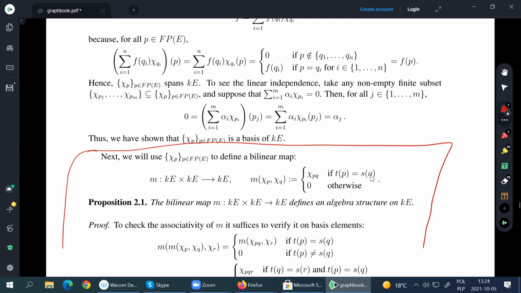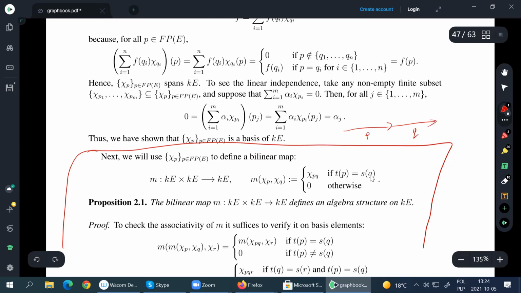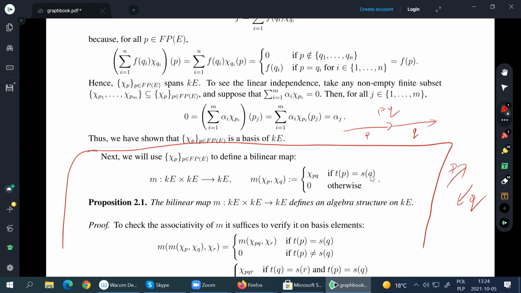If I have my path p, which ends at the same place where the path q begins, then I can compose them and I have my pq path, right? But of course, it might happen that the end of p is not the beginning of q, when I cannot compose them into a path. And then I say that this multiplication is just 0, okay?